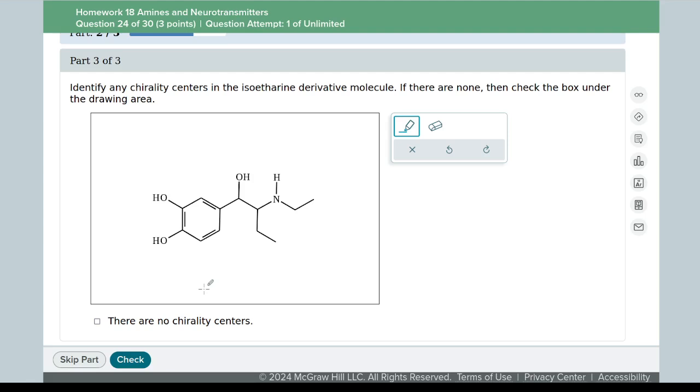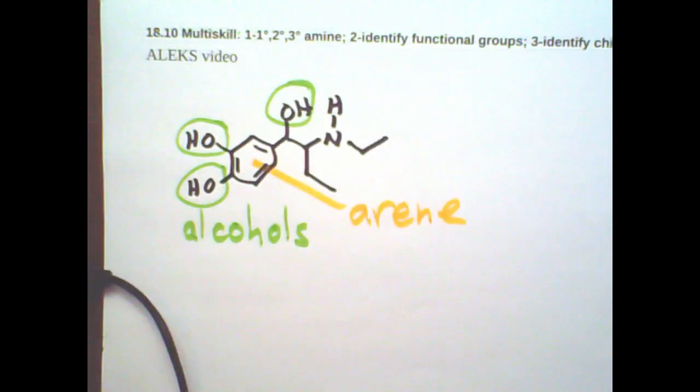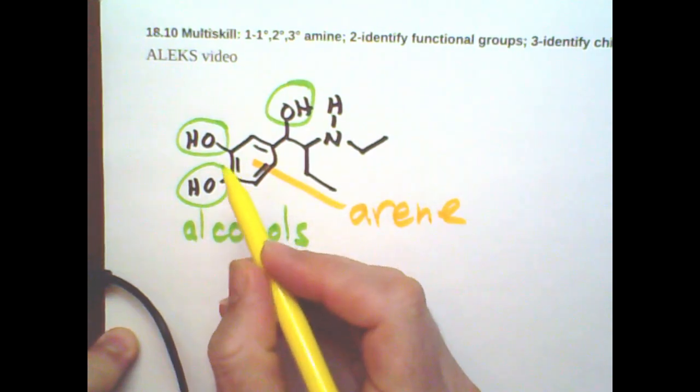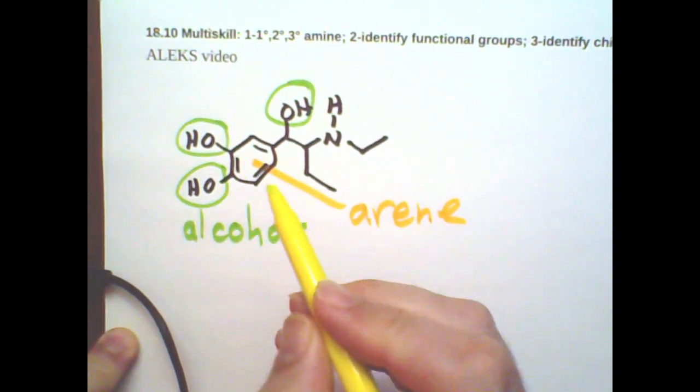Now we have it drawn again, and we're supposed to identify chiral centers. So I can go over to the paper and look for any place that there are 4 different things attached to a carbon.